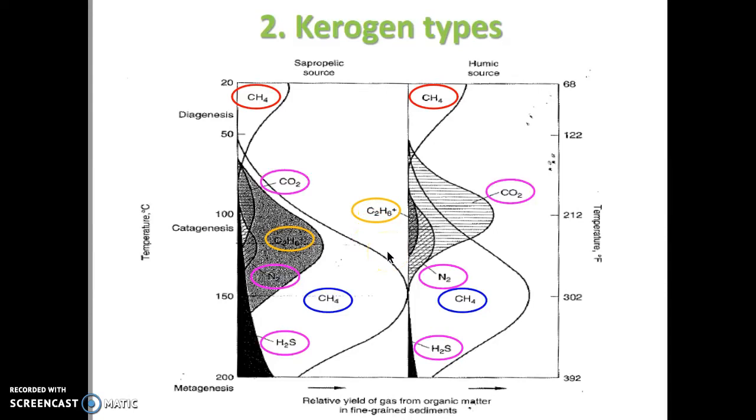Basically, through this illustration diagram, there are three types of gas that will form from the kerogen types. First is the dry bacterial methane during diagenesis. Then when the temperature increases from 50 to 200, there will be wet thermogenic gas produced. And lastly, at the same time, there will be dry thermogenic methane produced during the catagenesis process.